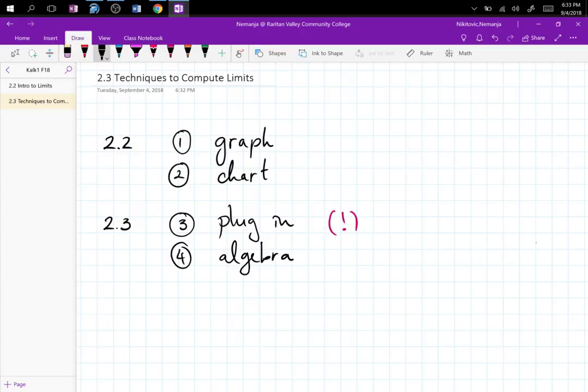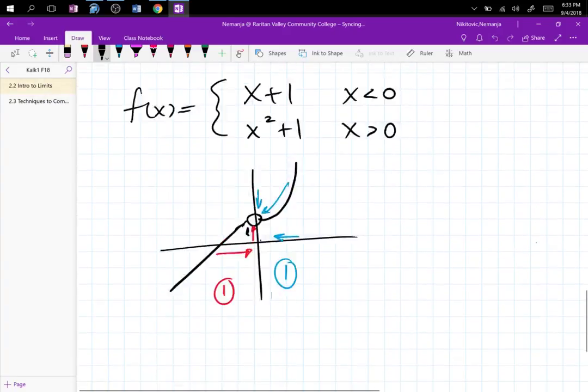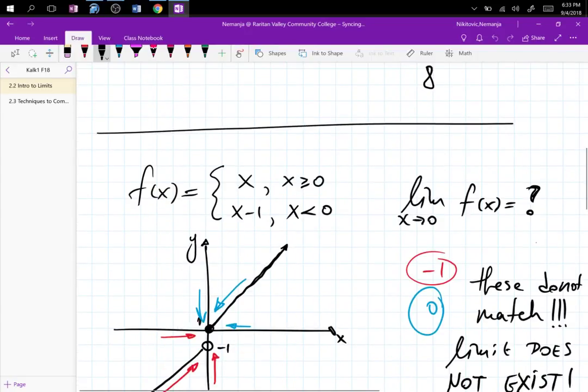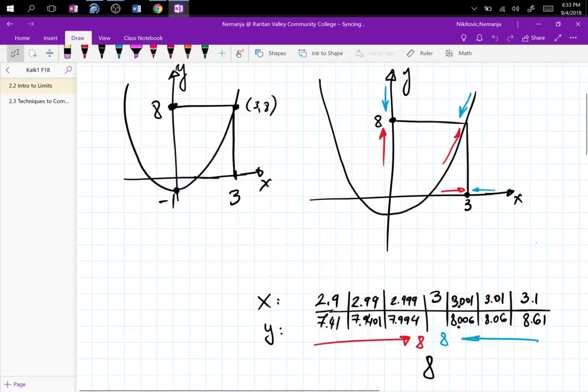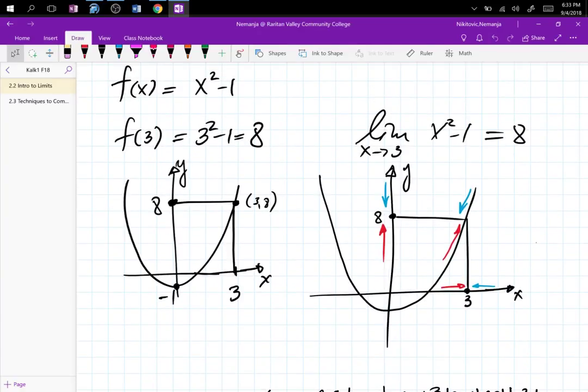Now, as I mentioned before, the first two methods, what I call middle school methods, are: pick your x's, compute y's, and draw your conclusion from there. And we did that the last time. Here is an example from the last class where I had the function given up there, x squared minus 1.